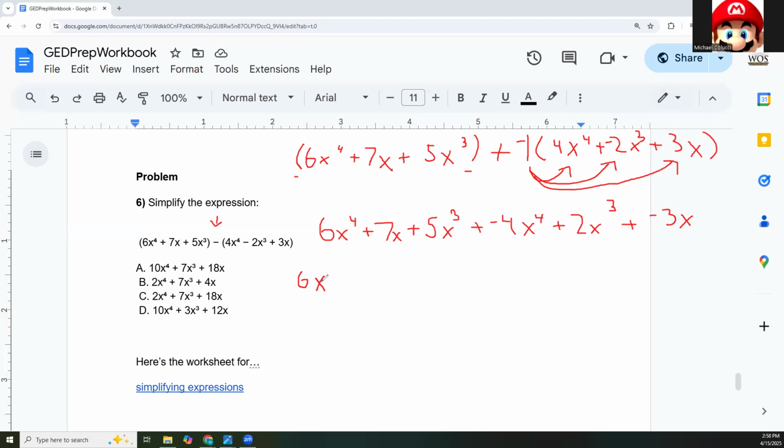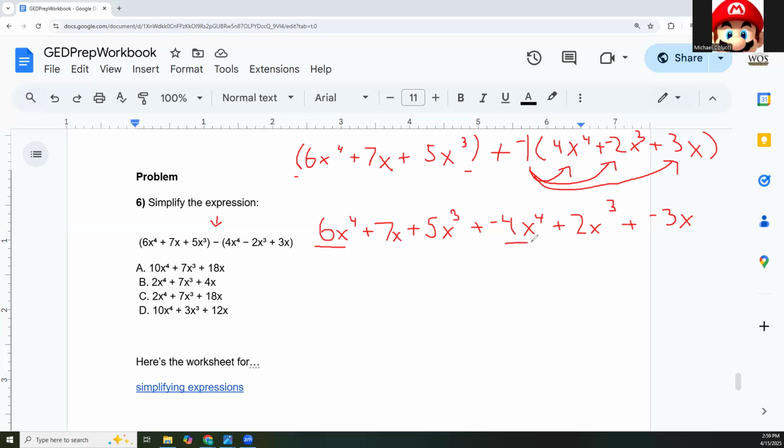And I can combine terms that have the exact same variable unit. Notice these are all x's, but they all have a different exponent in front of them. But there's some that are matching. So I want to find the ones that have the exact same variable unit, and I'm going to add them together. Because this is like saying 6 oranges, 7 apples, 5 pears. But here's another orange.